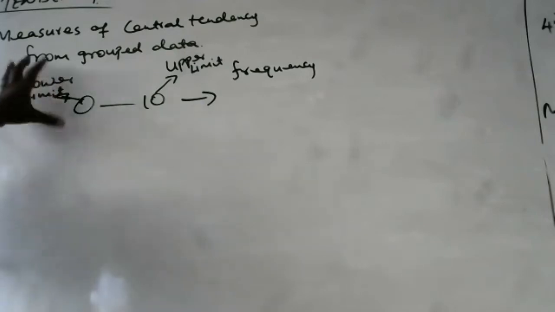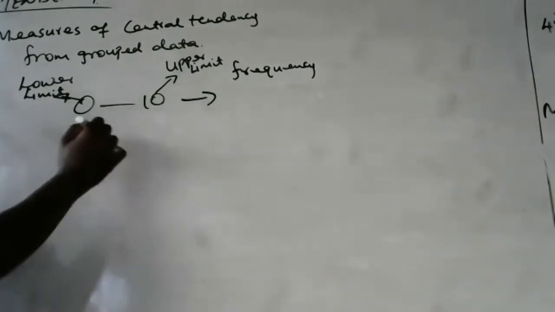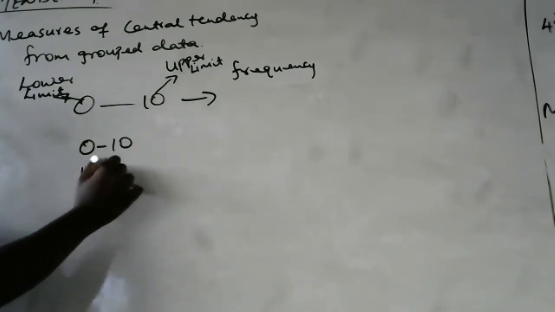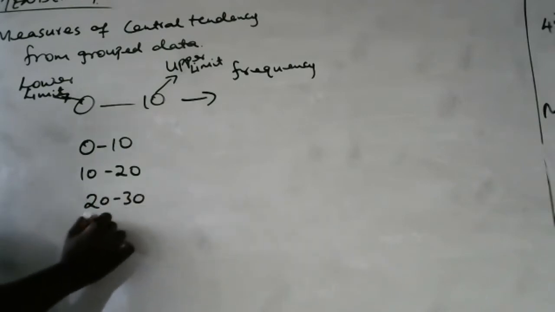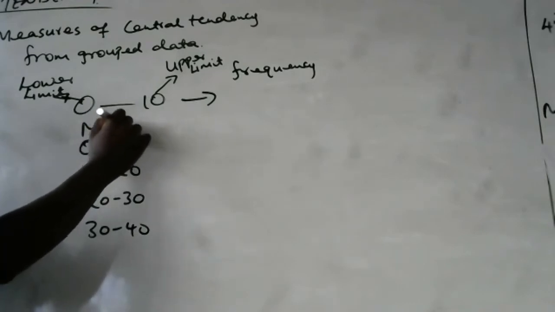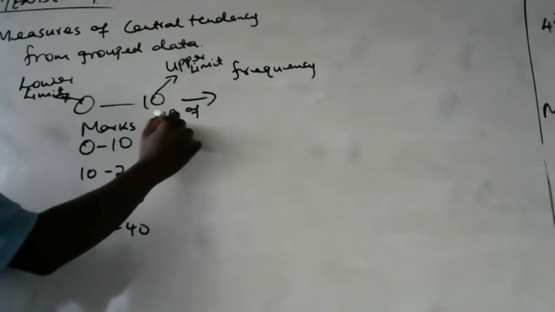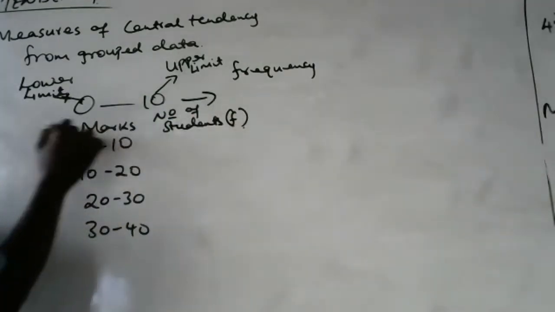Data that is organized this way is said to be grouped data. So you can find it indicated as 0 to 10, 10 to 20, 20 to 30, 30 to 40. Maybe these are the marks. And here you are given the number of students, which is actually our frequency.